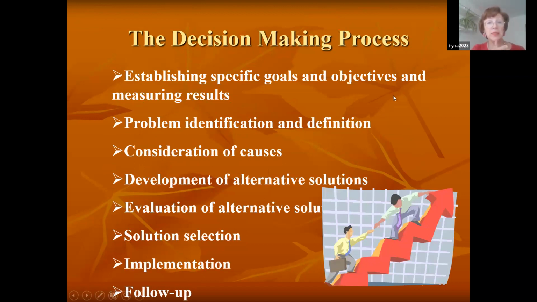First, you start with establishing specific, measurable goals. Specific means that they should be clear, not just, well, we should do our best in increasing sales. It's not a specific goal.